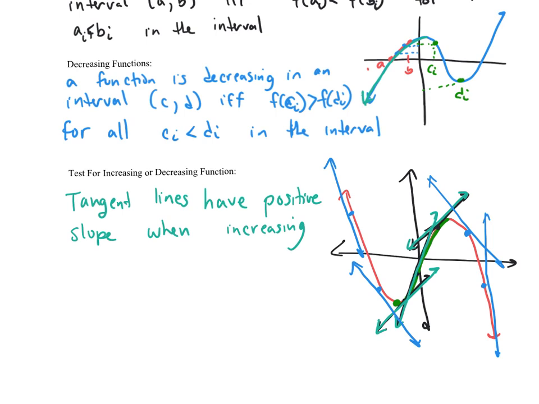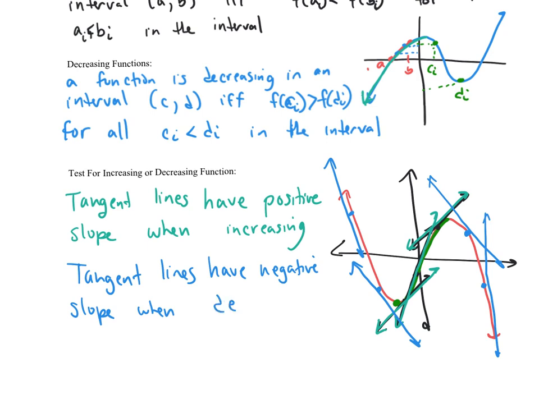So the tangent lines have a negative slope when decreasing. We can put this into calculus because, if you recall, the derivative is how we find the slope of the tangent line.